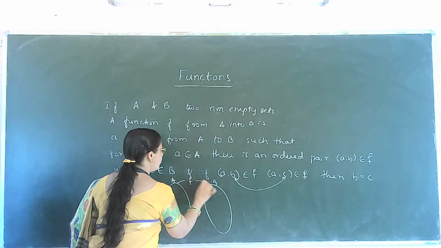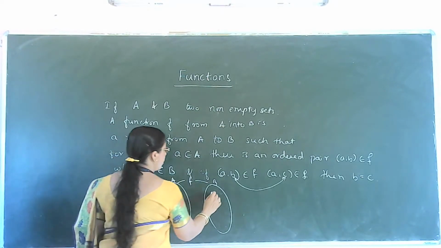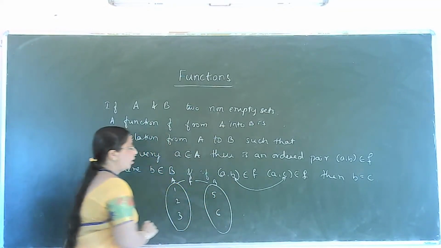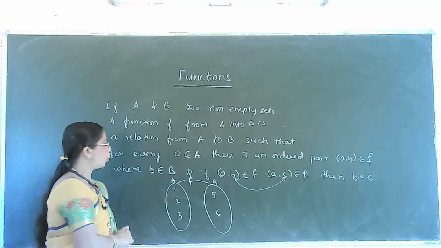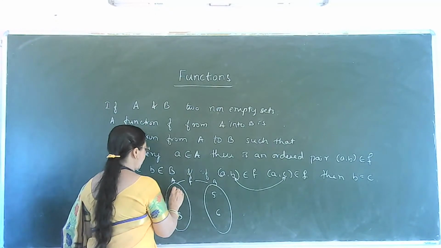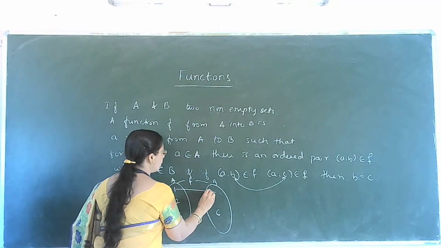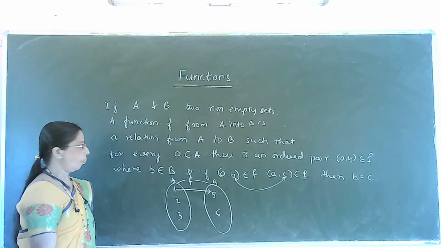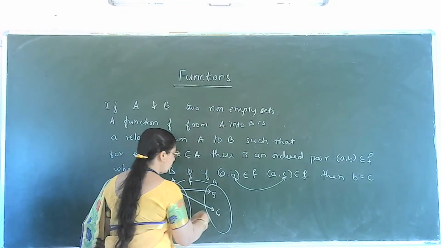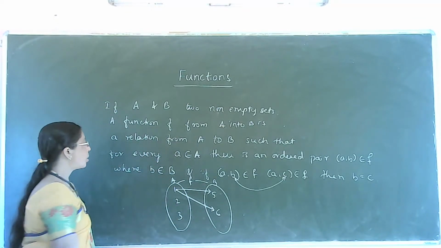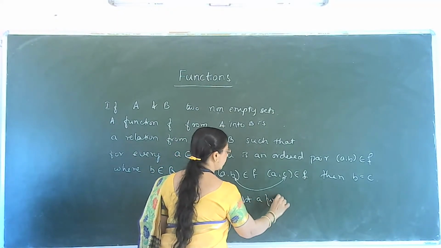Take set A and set B. If an element of the domain A is paired with an element of B, and then it is also paired with another element of B, it is not a function.